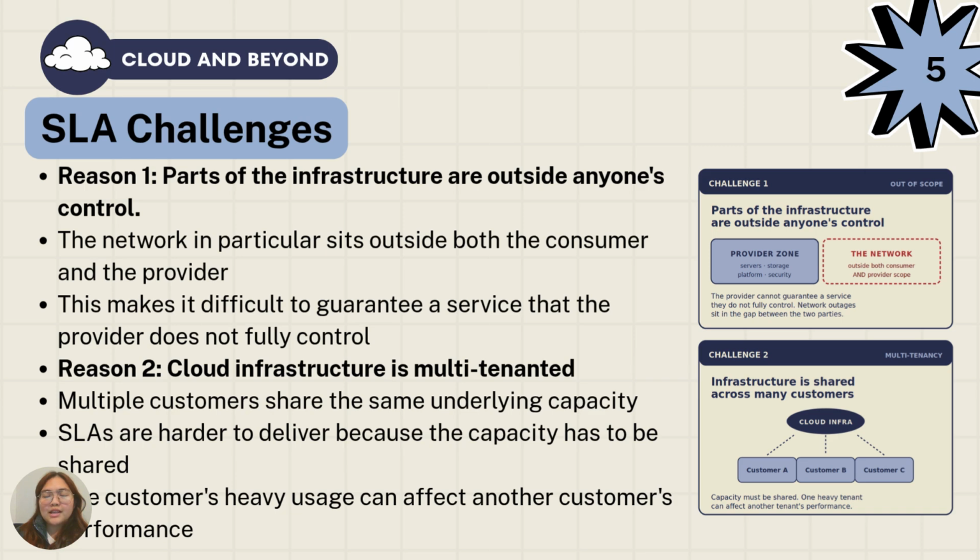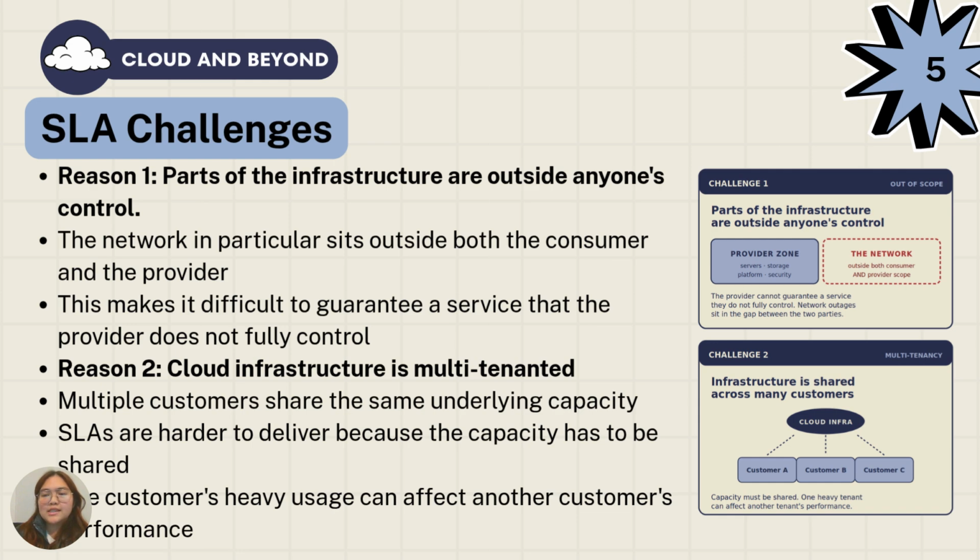So if there's a network outage, the provider cannot be held responsible for something they don't own. That's a real gap in coverage. Examples of this are your ISP, or internet service provider. Since it's network, it's not in the sphere of the consumer or the provider, sorry.